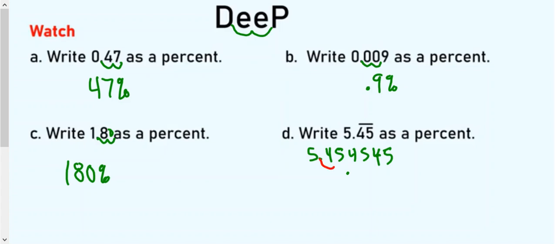So we go from here and we get 545.45 repeating percent. Okay, and we need that bar over the 4-5 to indicate that it is a repeating decimal. So going from a decimal to a percent, we just move the decimal 2 places to the right or multiply by 100.